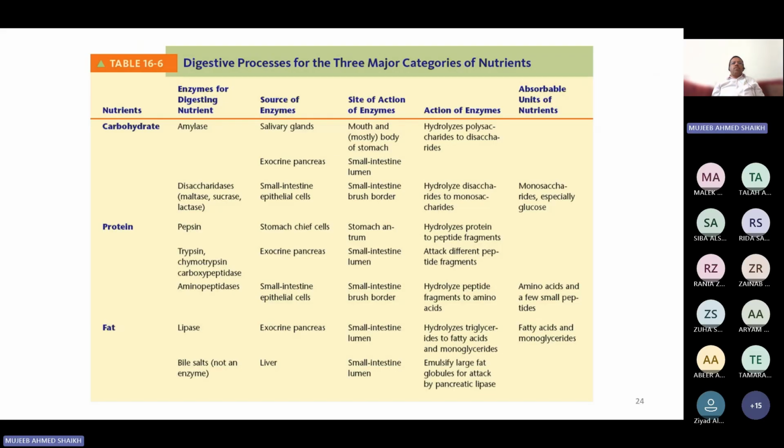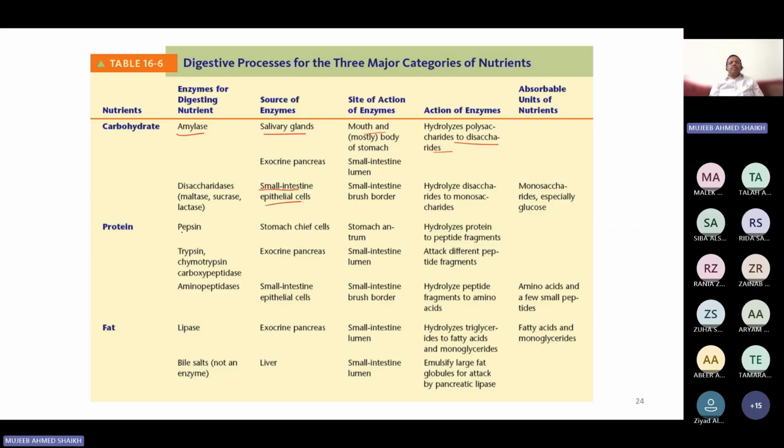Okay, this is the summary of how the different food particles will be digested. So carbohydrate digestion starts in the mouth with salivary amylase, and then it hydrolyzes polysaccharides and trisaccharides in the small intestine. Disaccharides are acted on by maltase on the small intestinal epithelial cells.